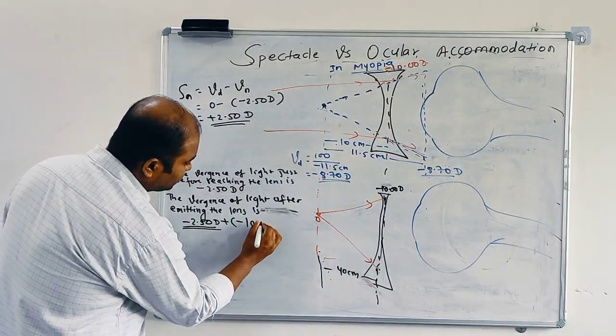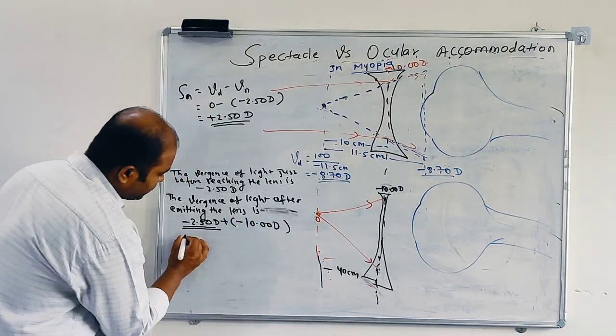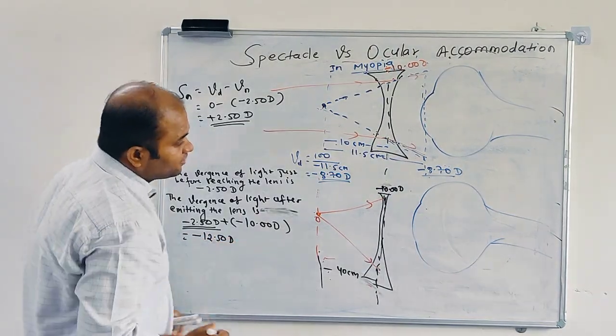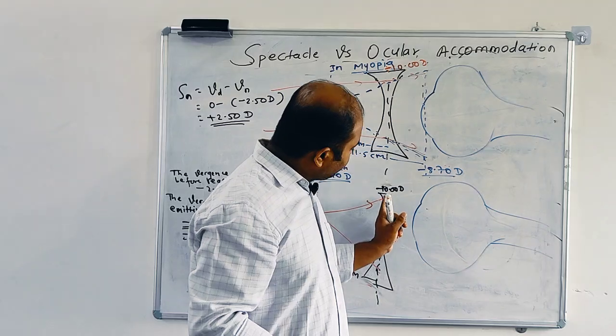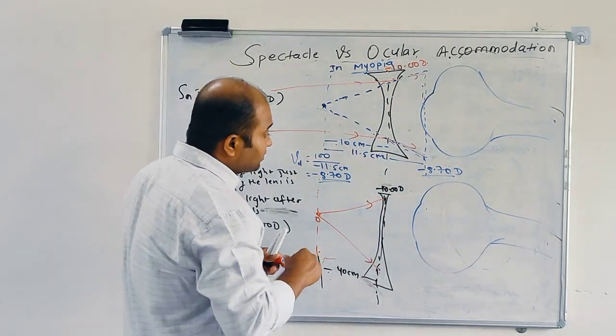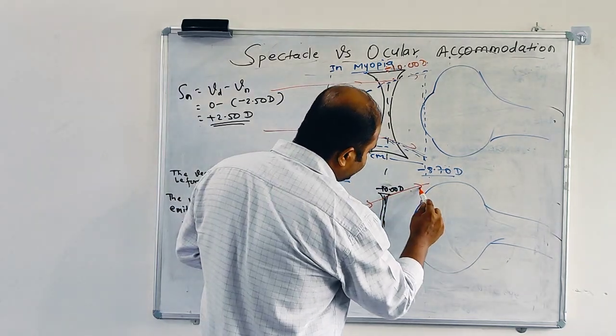So the total will be minus 12.50 diopter. Once the light emerges from this glass, it becomes more divergent. It will have more negative Vergence.